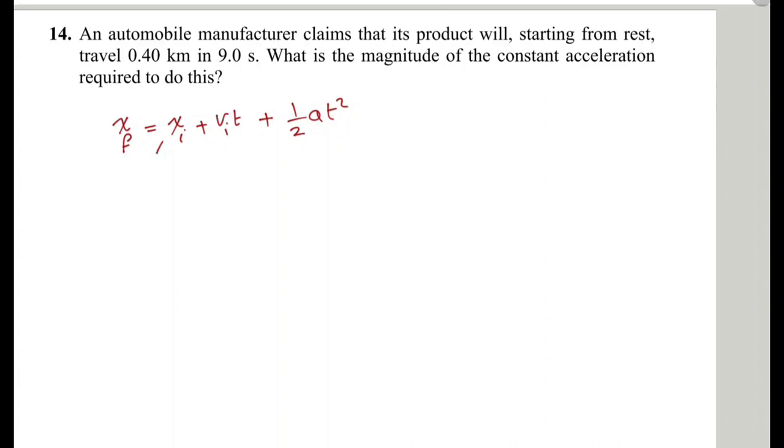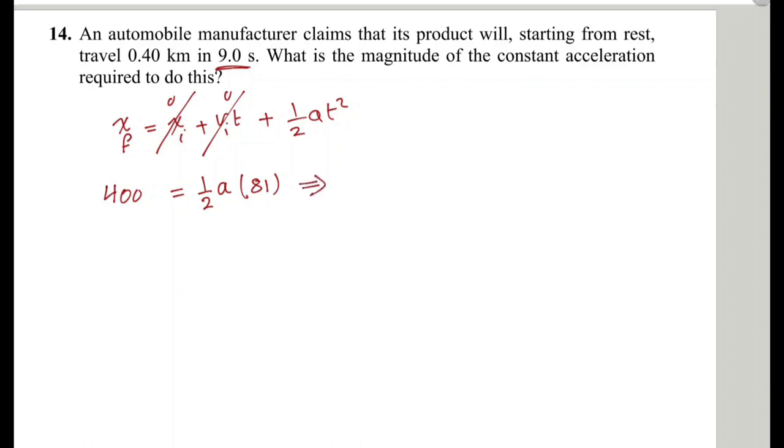The initial position is 0 and the automobile starts moving from rest, so the initial velocity is 0 as well. So x final, which is 0.4 kilometers, you just convert this into meters, so it's 400 equal to half a times time, 9 square, which is 81.